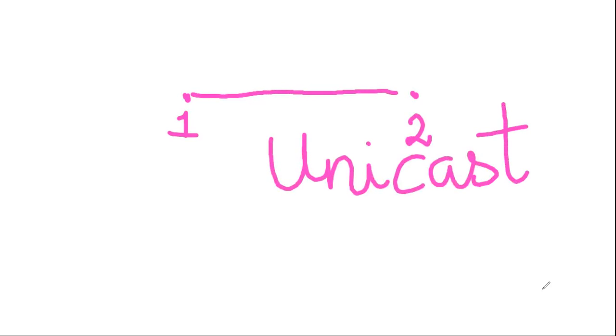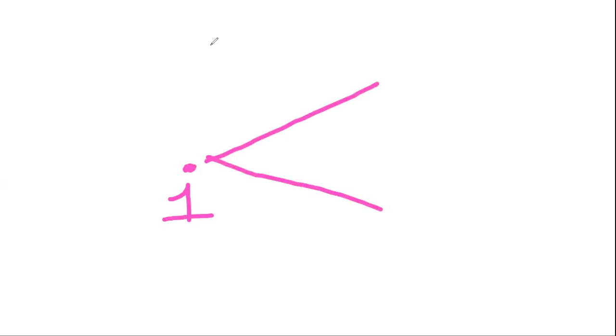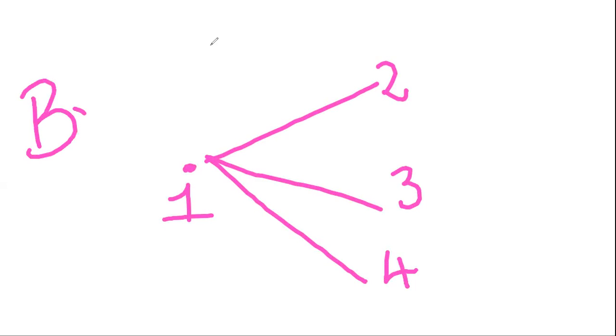There is only transmission of data between device 1 and 2 and no other devices are involved. The second one is called broadcast, which means device 1 can transmit data to the other devices in the network like 2, 3, and 4. So this is called broadcast.